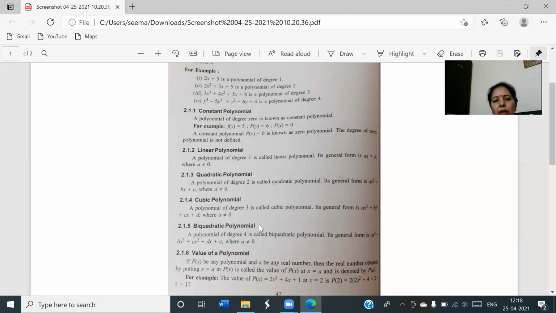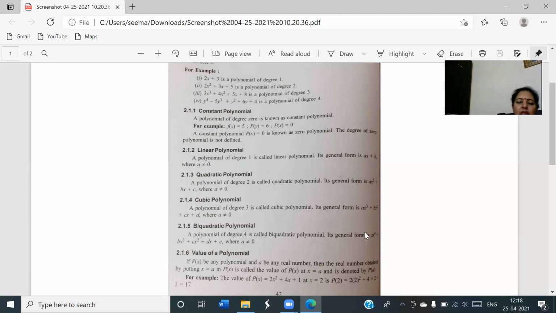Next is biquadratic polynomial. A polynomial of degree 4 is called a biquadratic polynomial. Bi means 2 and quadratic means 2, and 2 plus 2 is 4. The name of this polynomial is biquadratic because its degree is 4.